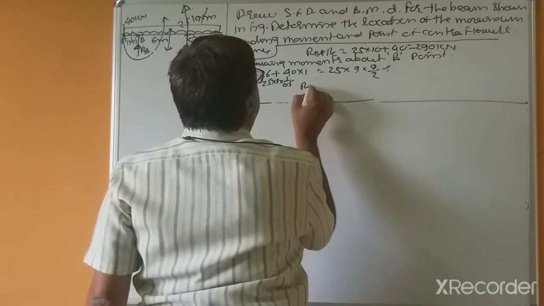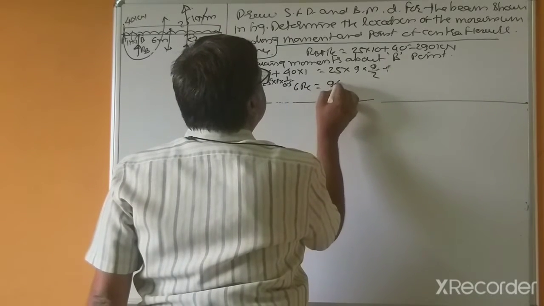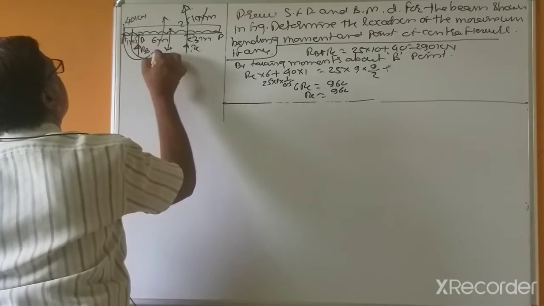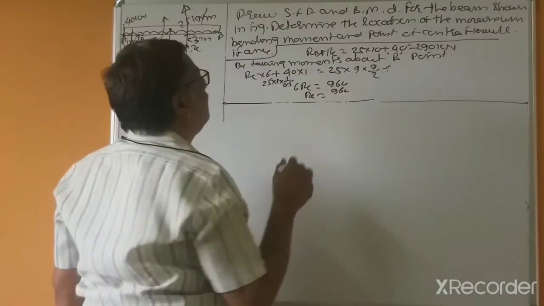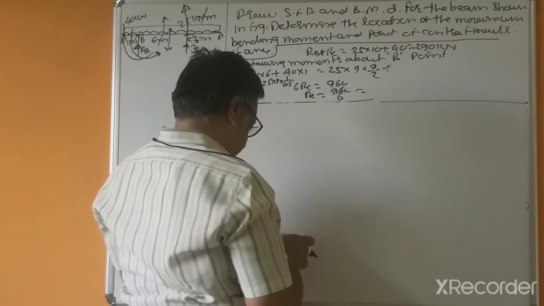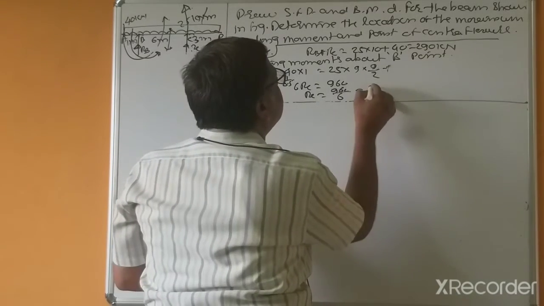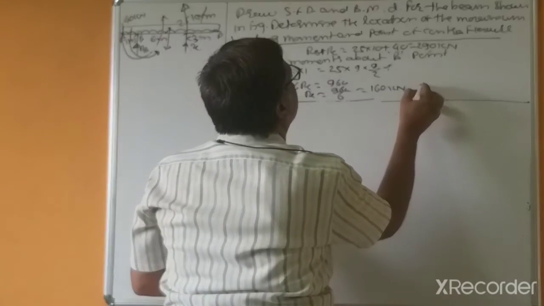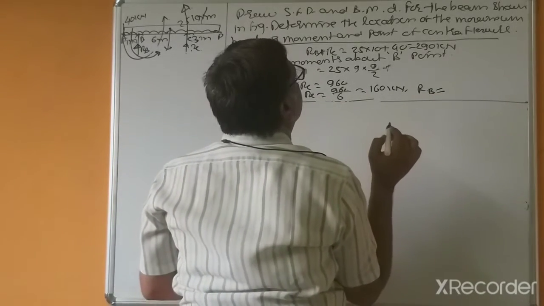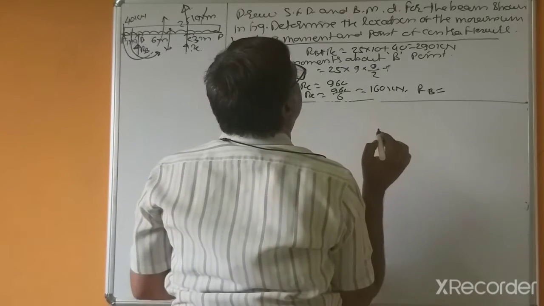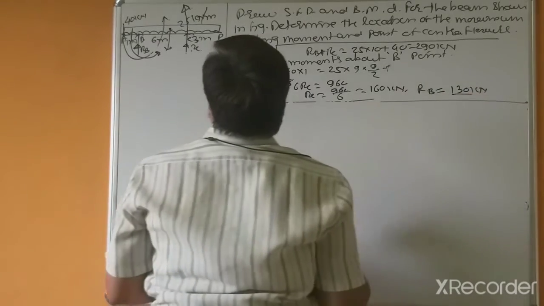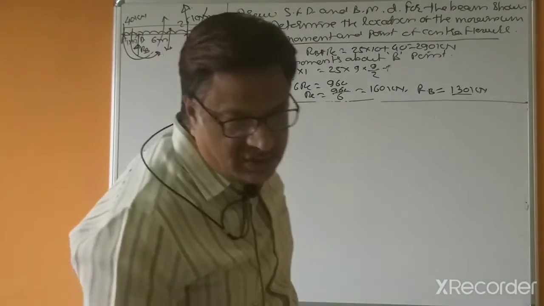So that's why RC equal to 960, because these moments are also anti-clockwise. 960 divided by 6, 160 kilonewton, and RB equal to the remaining, 130 kilonewton, because this 3 meter uniform distributed load is greater.